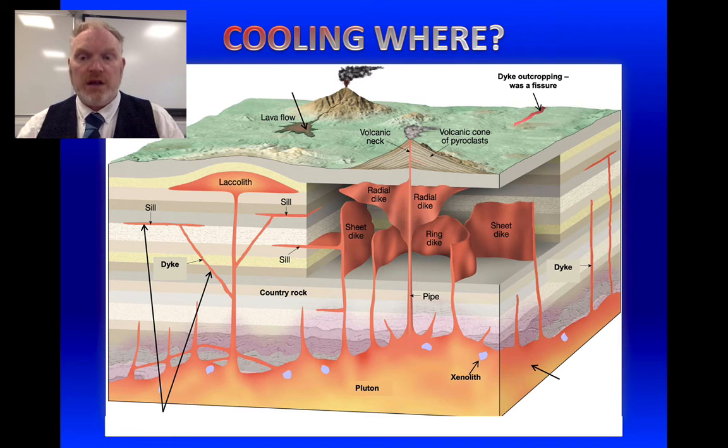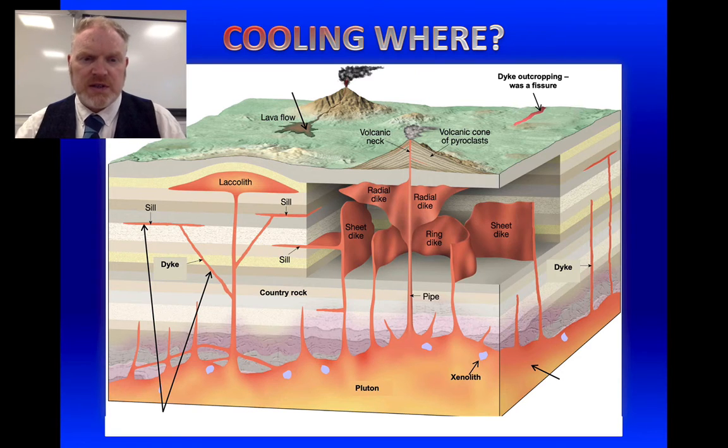Okay then, let's start with some of the igneous features here. The first one I want to consider is a pluton. A pluton is a crystallized magma chamber. It's a very large body of igneous rock that crystallizes beneath the surface. Coming off that pluton then, you can see long, thin, sheet-like bodies of igneous rock cutting across the beds that are there.